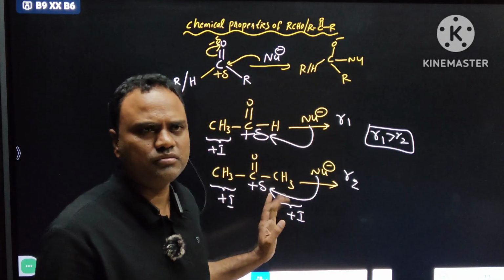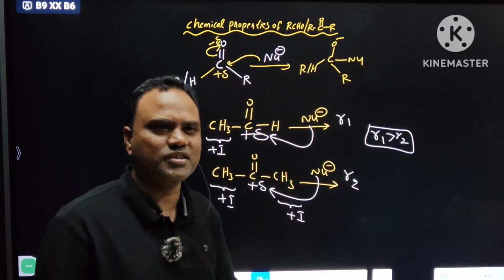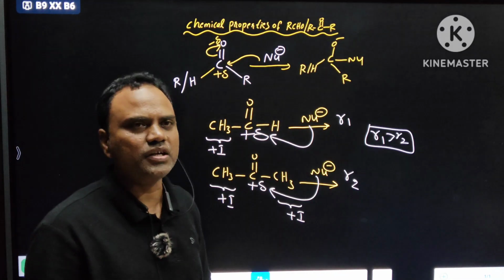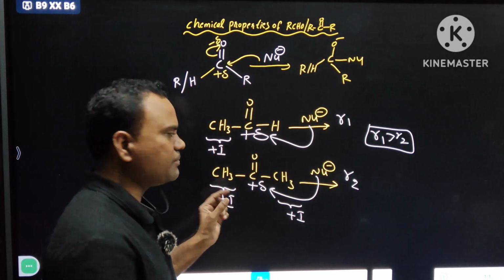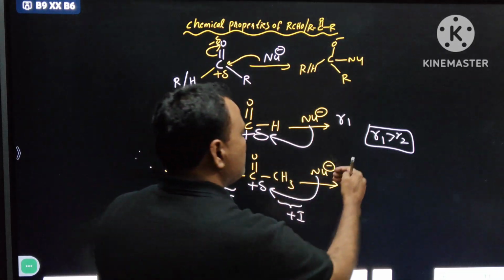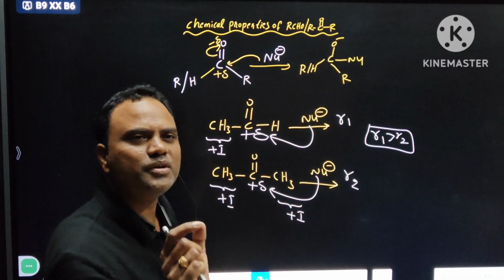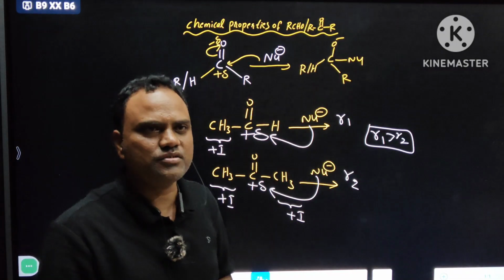Positive charge, this is one reason. Another reason also we'll discuss. Clear? Okay, steric factor, steric factor or bulkiness. If we consider methyl group as a bulky group, two bulky groups are present, so attack of nucleophile will become difficult in terms of steric factors.